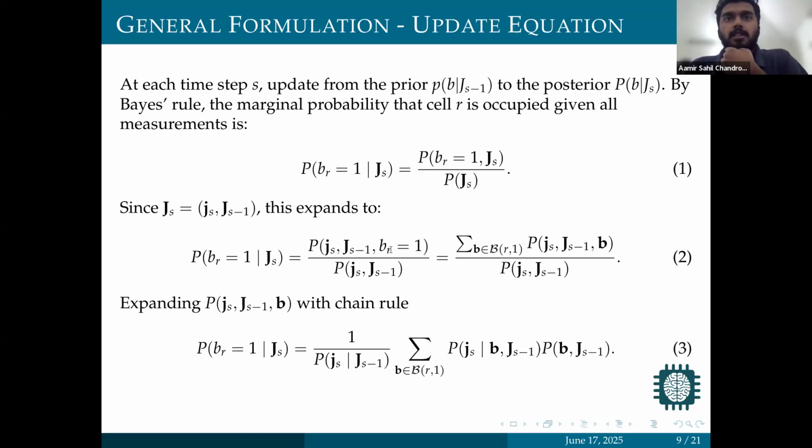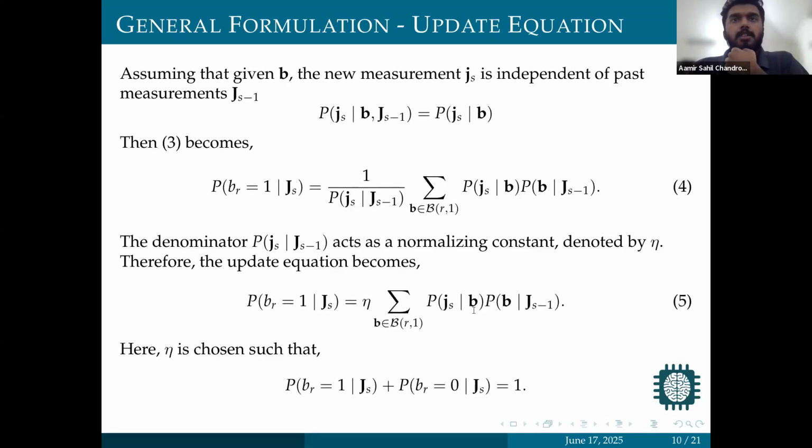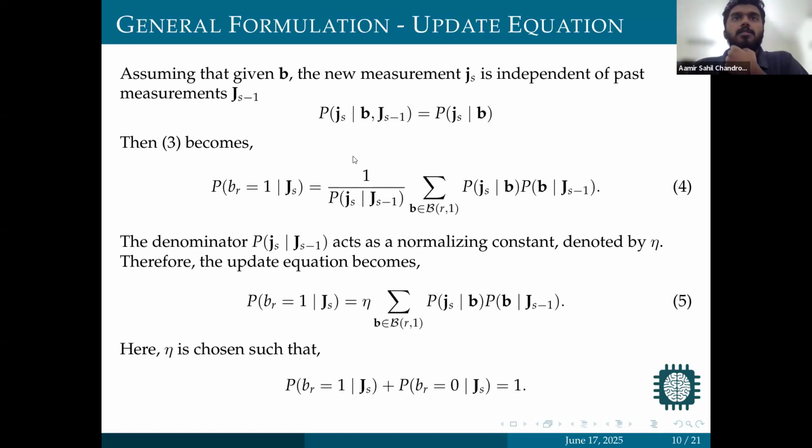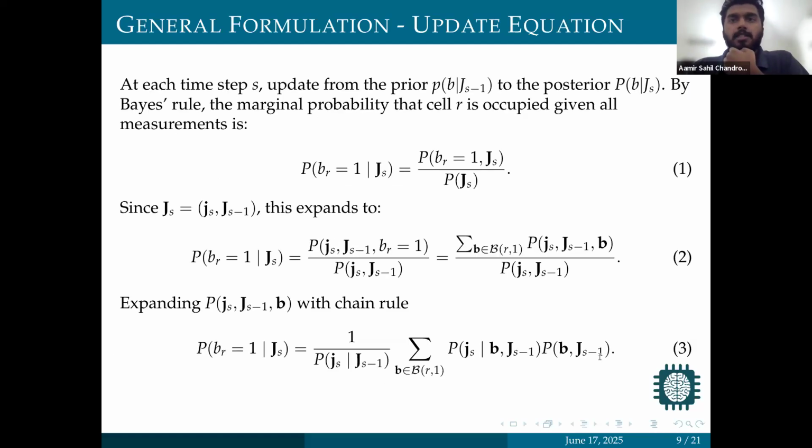Here B_r equal to 1 is replaced by the summation, where B belongs to the entire set of maps where the rth element is 1. And then using the same rule and reducing the equation, it can be written as this.